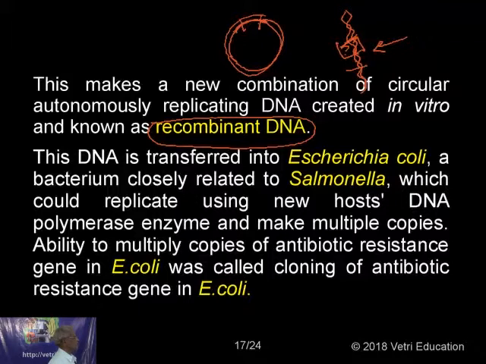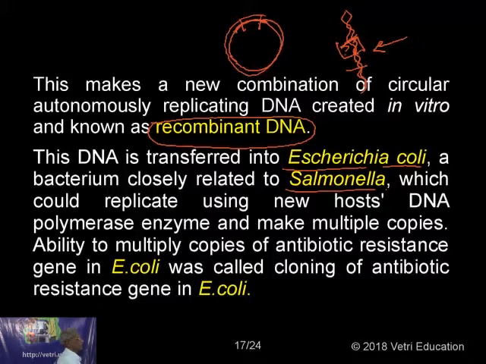This DNA is transferred into Escherichia coli, a bacterium closely related to Salmonella typhimurium. Because when you are transferring the DNA, you should see that they are very similar organisms. Then it becomes easier, and it could replicate using the new host's DNA polymerase enzyme and make multiple copies.